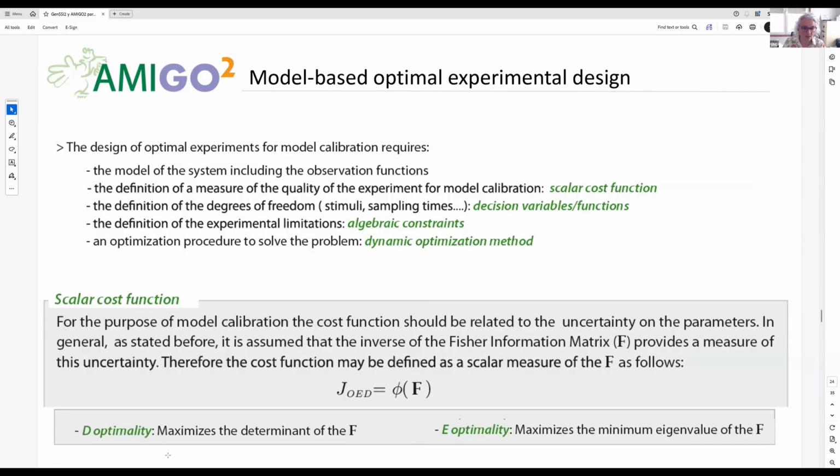So this is the so-called D-optimality criterion. But we could also try to make it rounder, and for that we could maximize the minimum eigenvalue of the Fisher information. AMIGO incorporates also other functions based on the Fisher information matrix, but these ones are the ones I could start with.